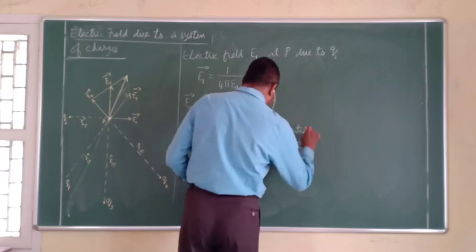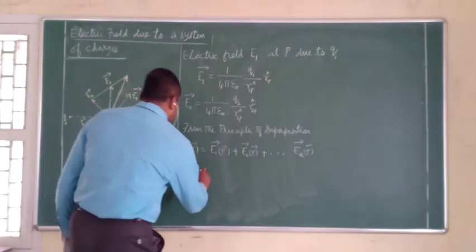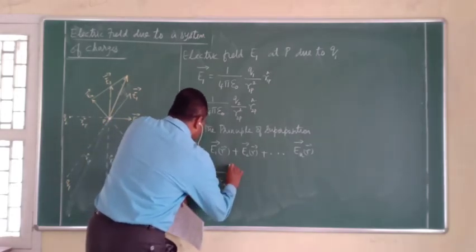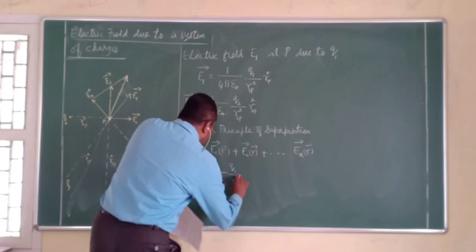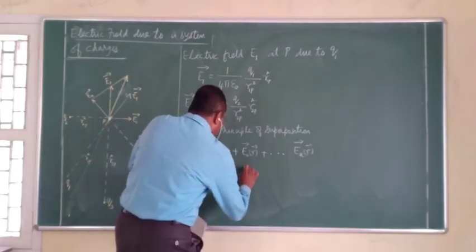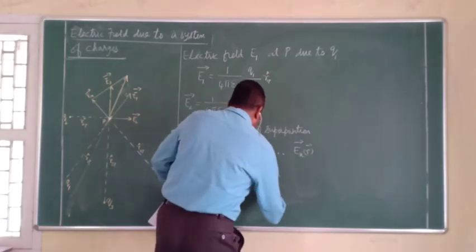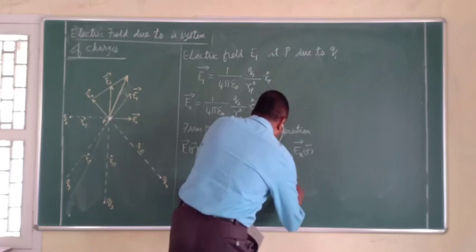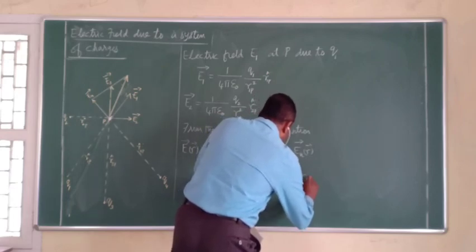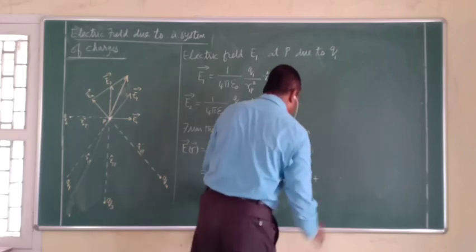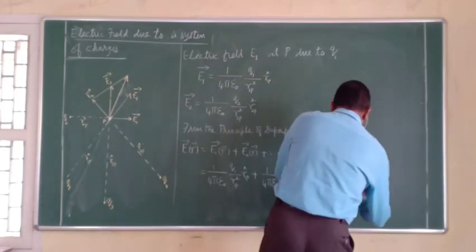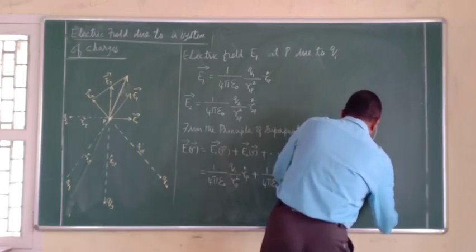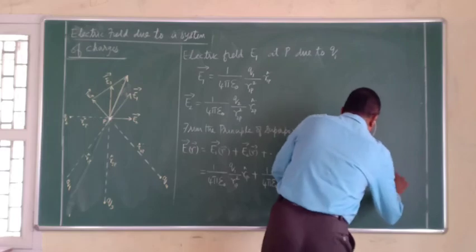Therefore, I will write this as 1 by 4 pi epsilon naught Q1 by R1P squared into R1P unit vector plus 1 by 4 pi epsilon naught Q2 by R2P squared R2P unit vector dot dot dot for the nth charge 1 by 4 pi epsilon naught Qn by RnP squared into RnP unit vector.